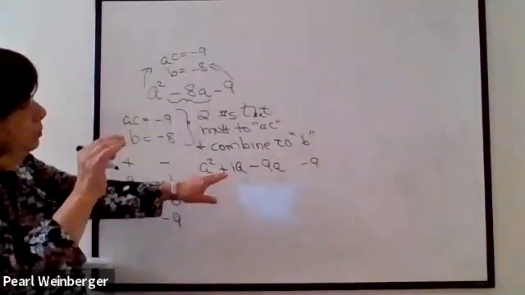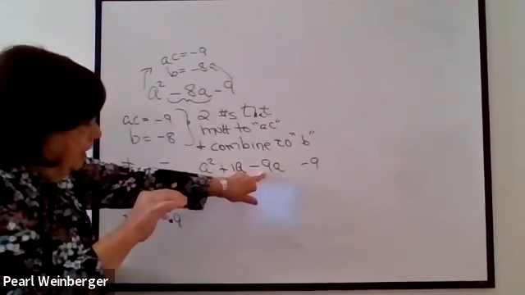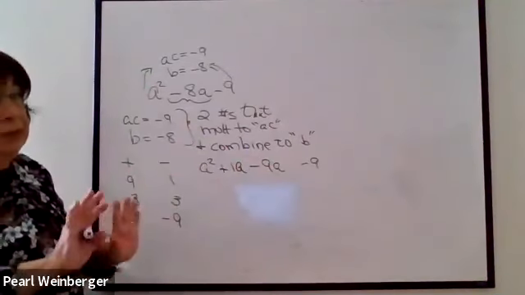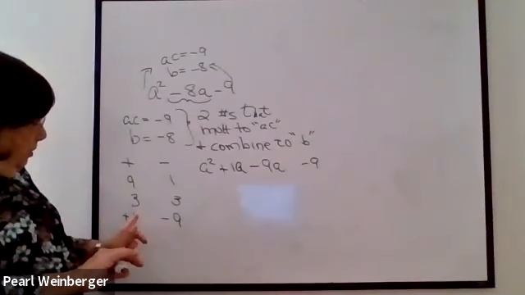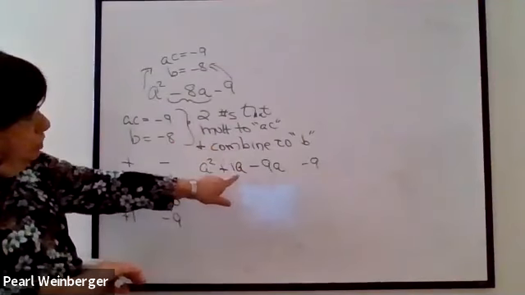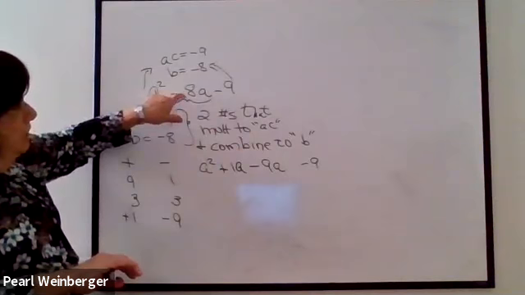And it doesn't matter if you put the positive 1a first and the negative 9a second or vice versa. It will be completely right whichever way you do it. Notice you just put the letter next to each one of these numbers, and when you combine 1a and negative 9a, that is a negative 8a.